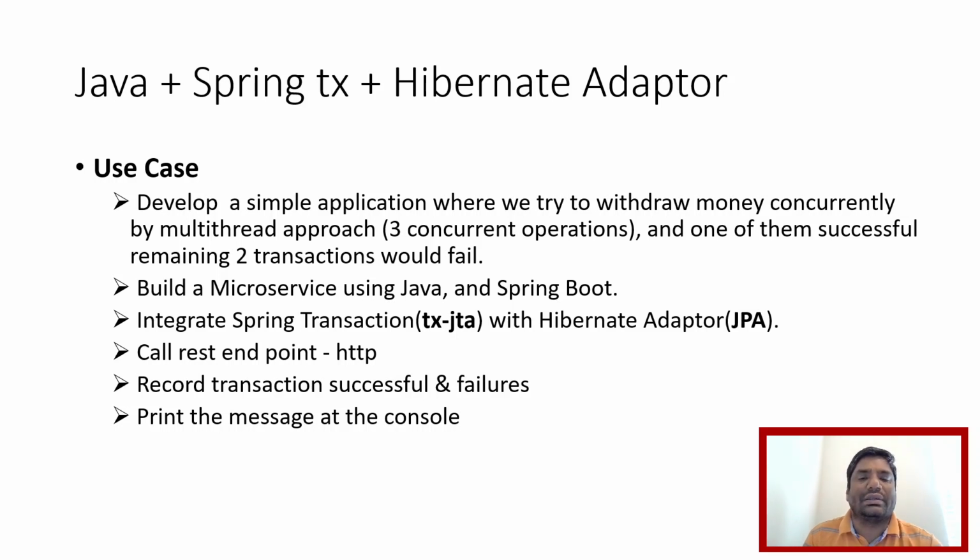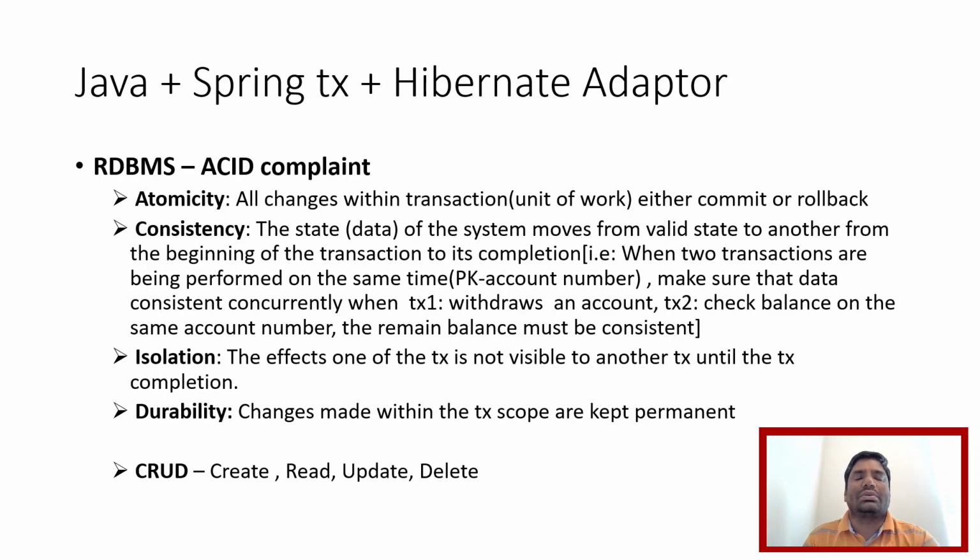Let's understand the RDBMS principles. A relational database management system is basically an OLTP system, an online transaction processing system. That means whatever operation we perform, whether it is successful or a failure, that's the basic fundamental.